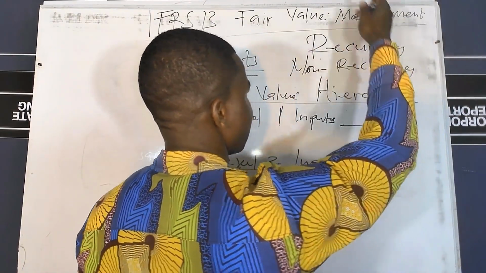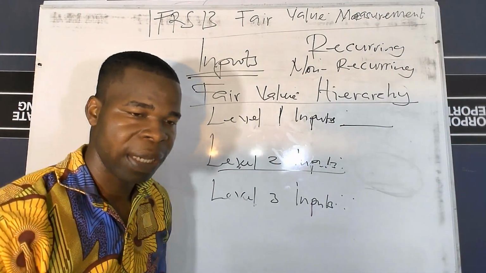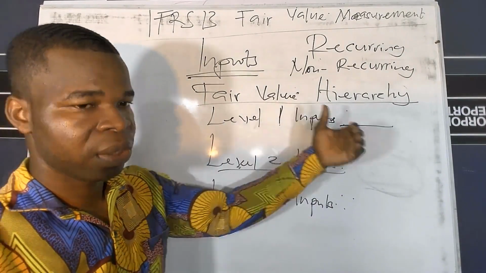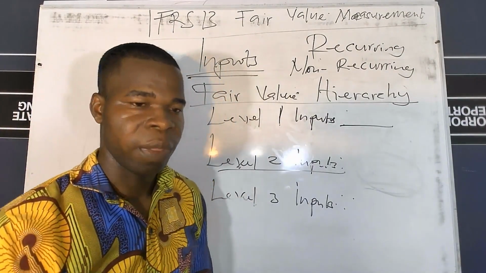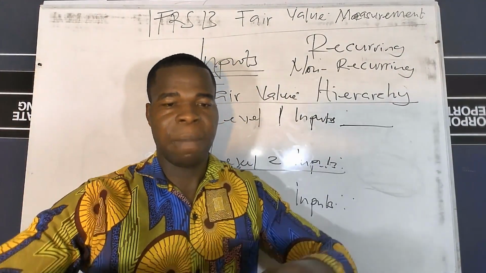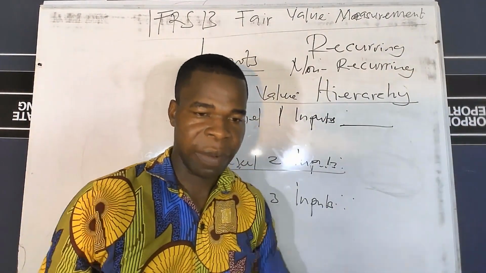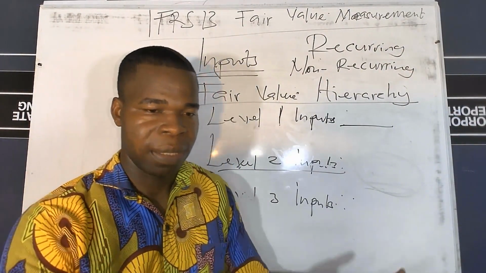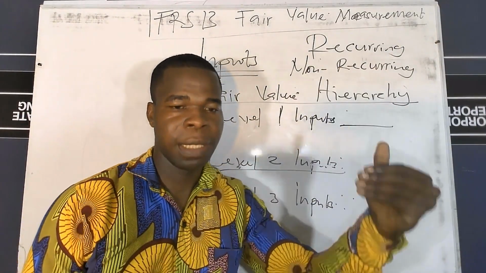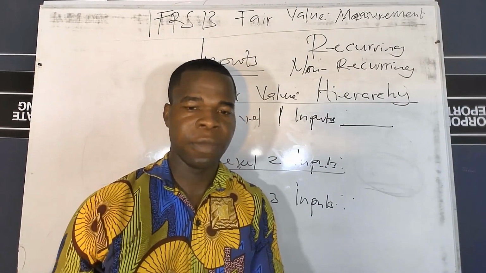When we say the fair value is on a recurring basis, we are saying that it is used often or on a regular basis, so every accounting period you use it, like for instance in IAS 40. A non-recurring fair value basis is one that is applied just once, in exceptional circumstances. We can see this in IFRS 5, a non-current asset held for sale.